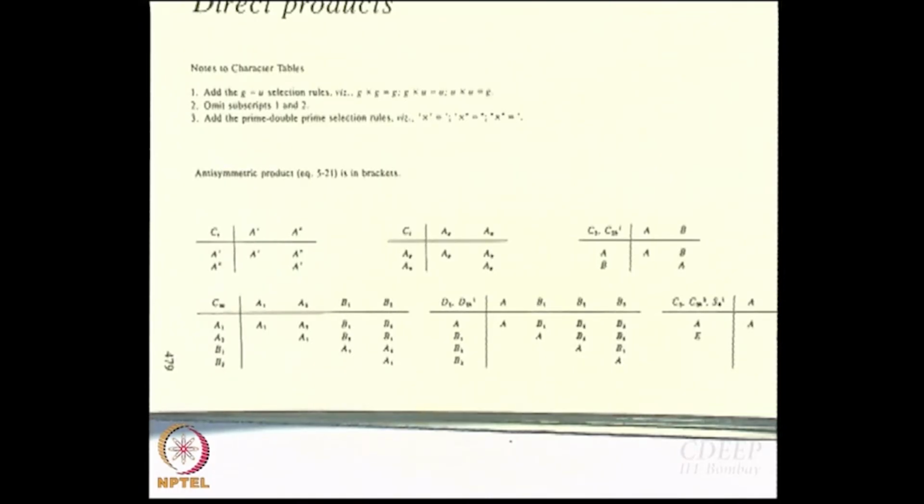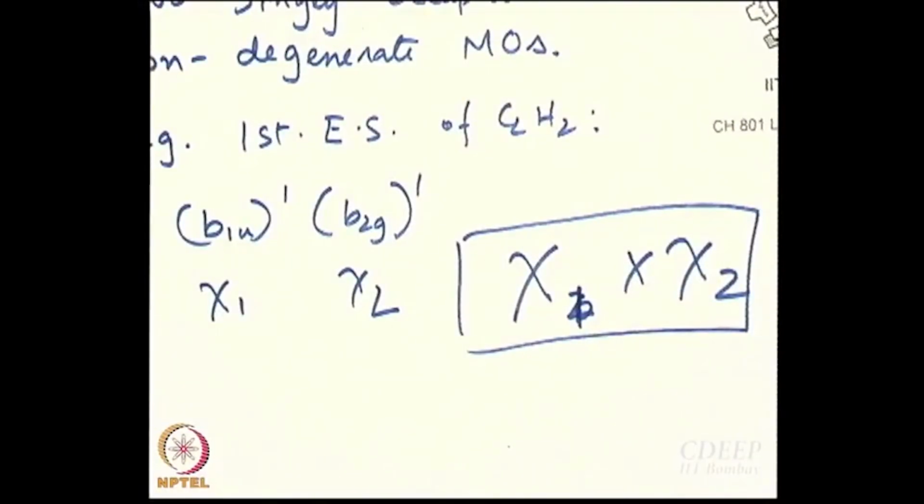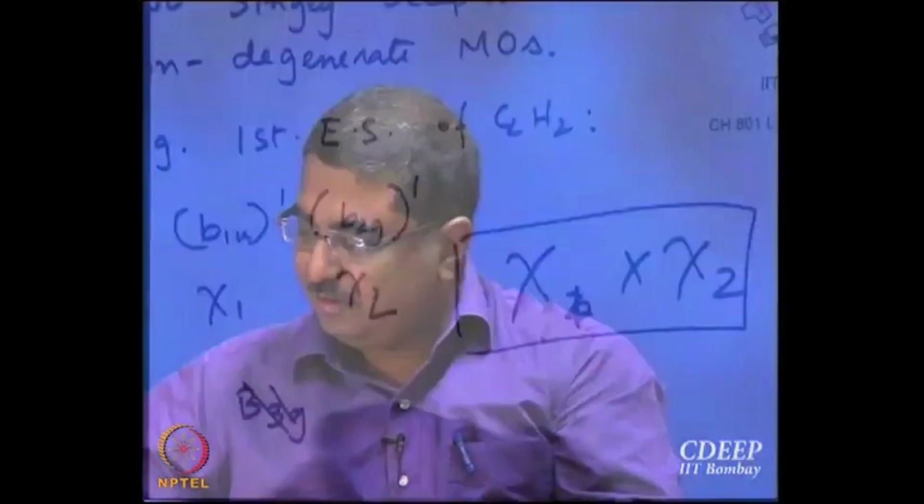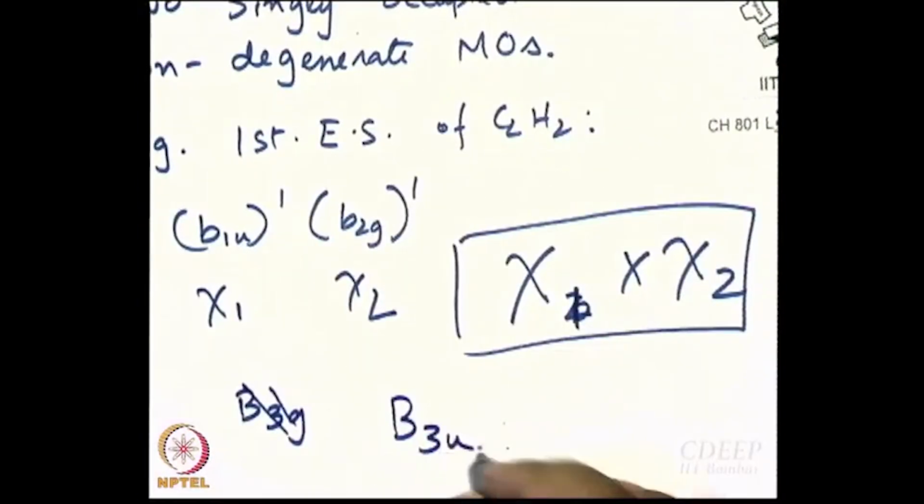So it is a direct product. Now what will be the multiplicity? So this is B3U.